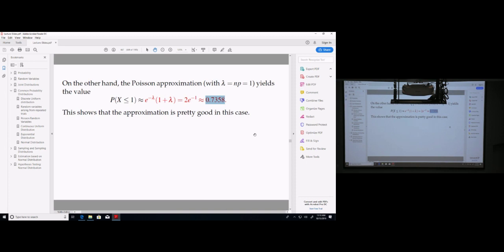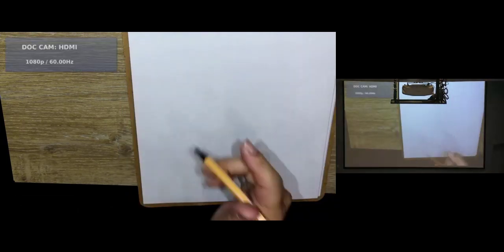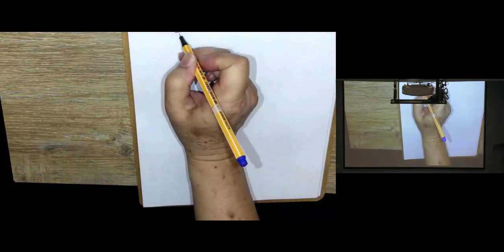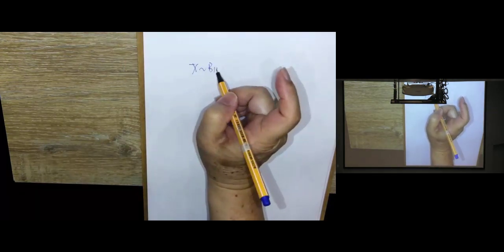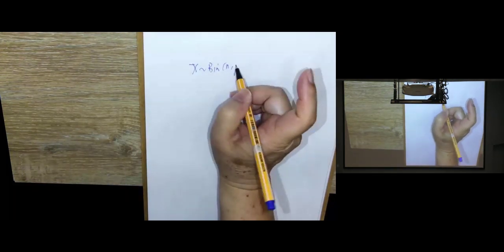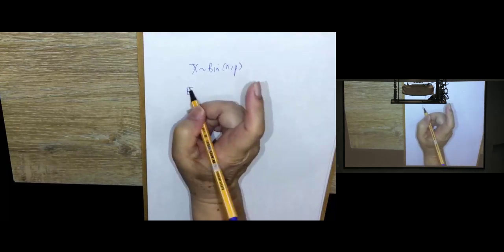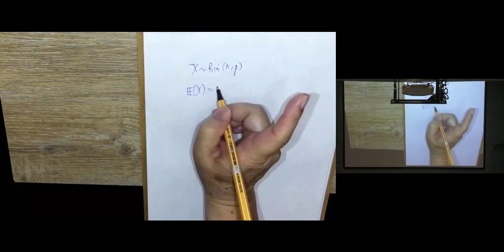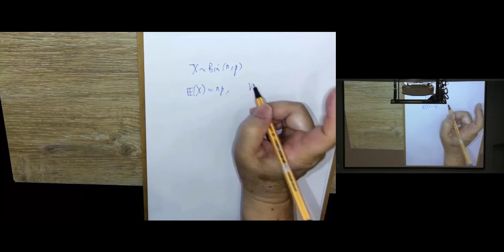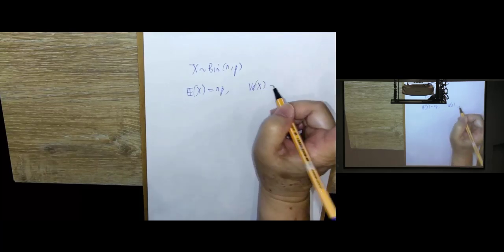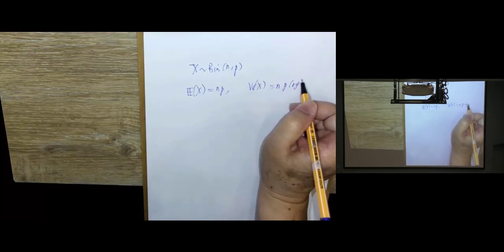Now, one of the rules of thumb is this. It's more than a rule of thumb, but this is a known mathematical fact. For a binomial, the mean, the expectation of x, is np, and the variance of x is np(1 minus p).